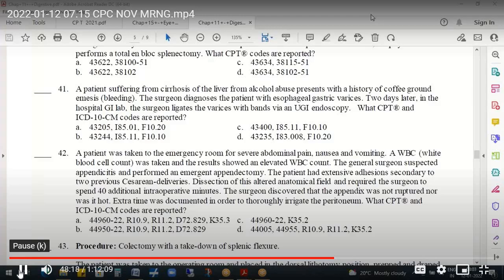Now write down. What are the points we need to look for? First one, name of the hernia.